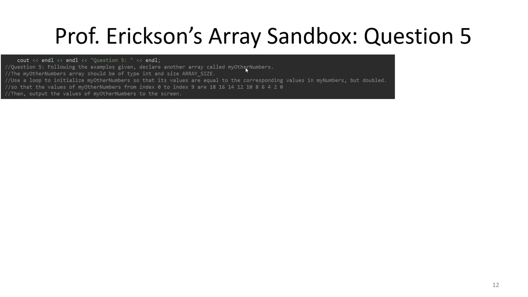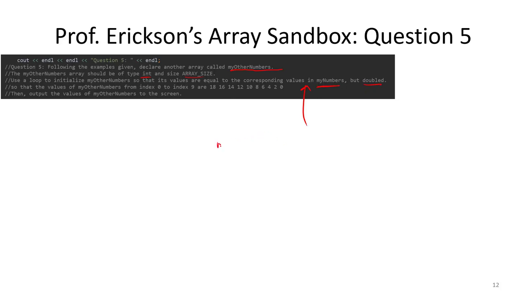All right, so in question 5, we want to declare a second array named my other numbers. My other numbers should be of type int and size array size. And we want to use a loop to initialize my other numbers so that its values are equal to my numbers except they are doubled.